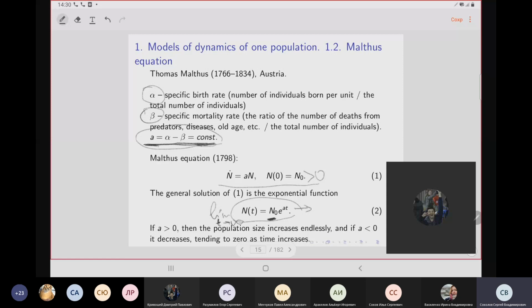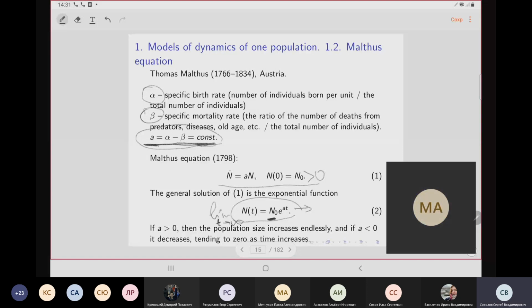Well, what do you think about this model? Is it okay? Or maybe it is not that good? It may be significant that the birth rate and mortality rate are not constant in real life. Yeah, it's the first problem.